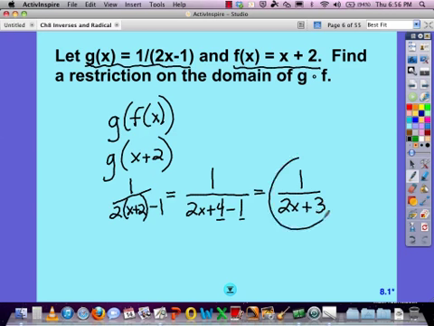Okay, so if we had to simplify it like we were doing on the last ones, we'd be done. But because the question's a little different, find a restriction on the domain of g of f. So when we got our answer of 1 over 2x plus 3, you should be noticing that your variable is now resting in the denominator.